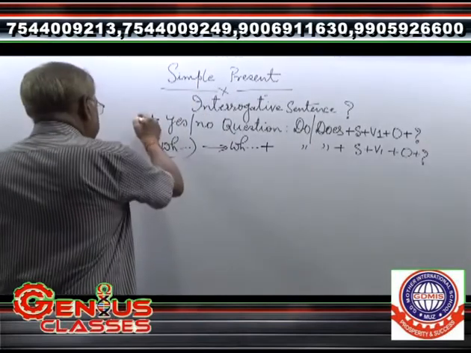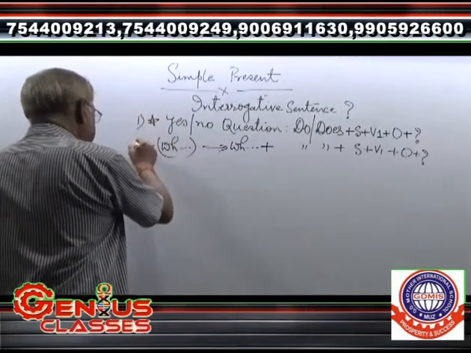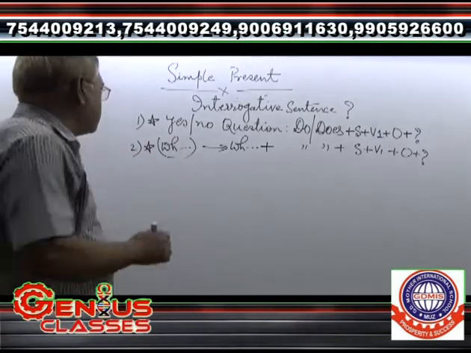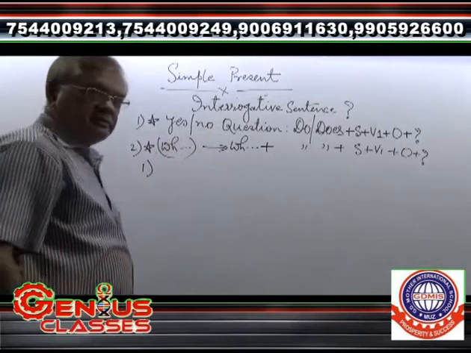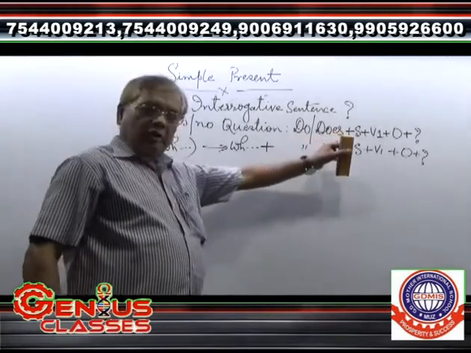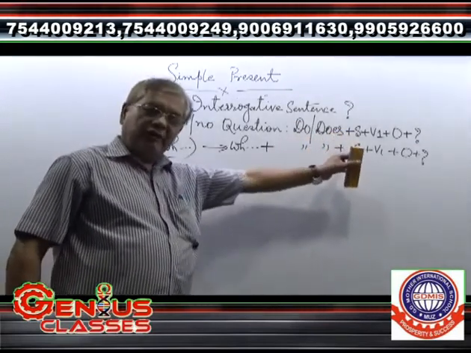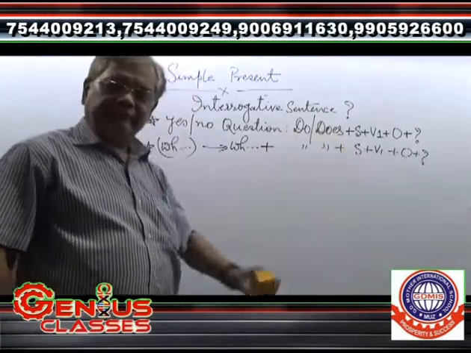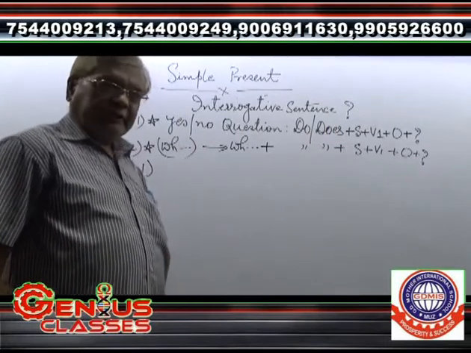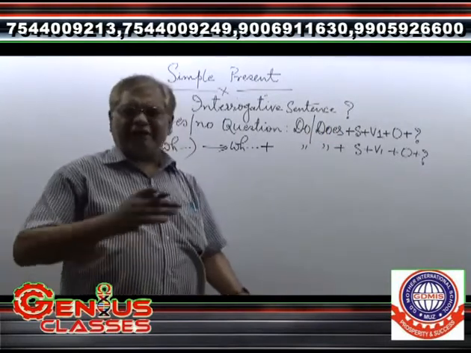So you put number 1, this is number 2. According to number 1, if it is a yes-no question, how will we write the sentence? First, do or does, depending upon which subject you are choosing.